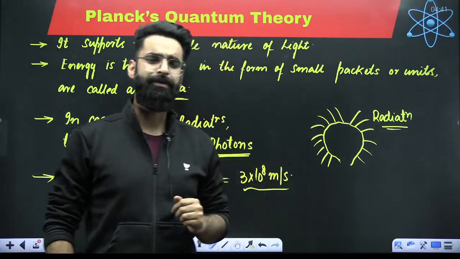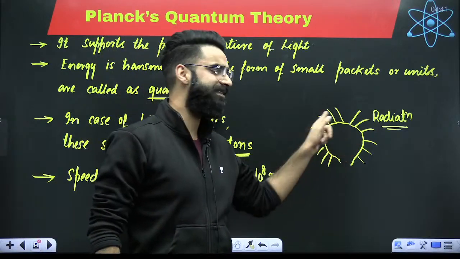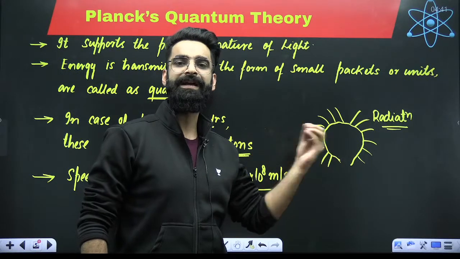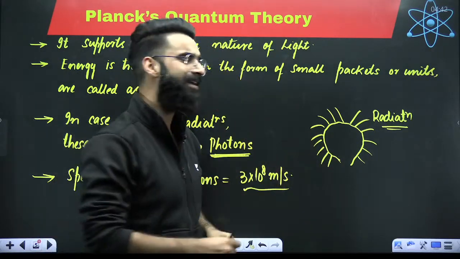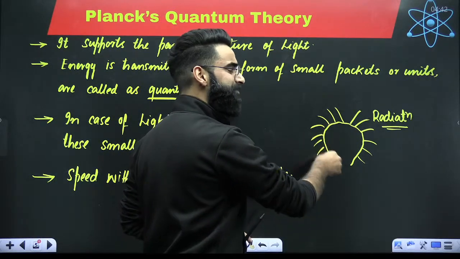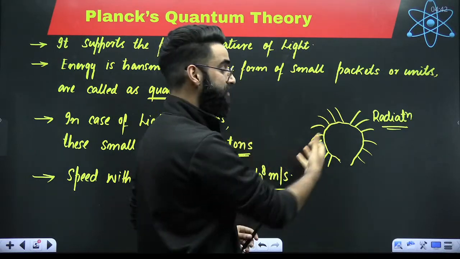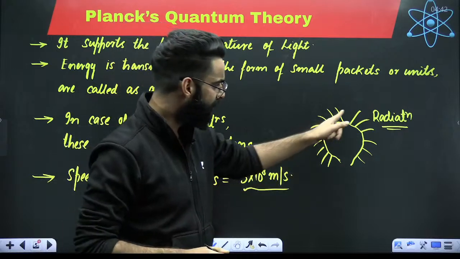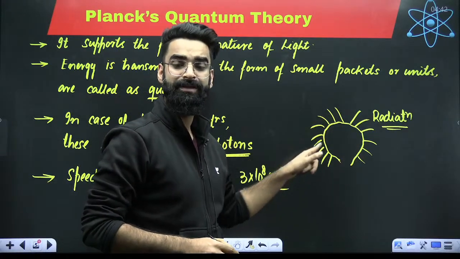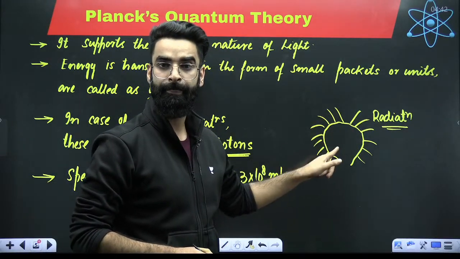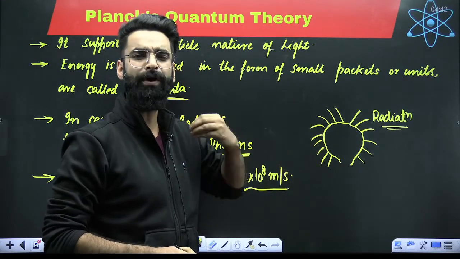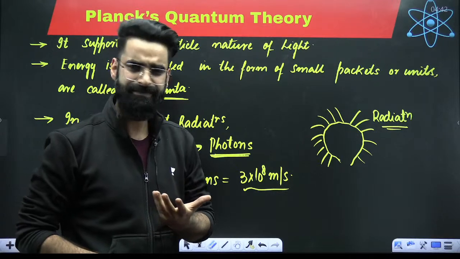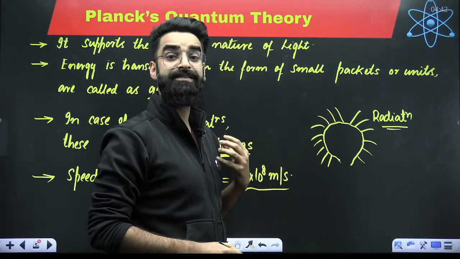Now, my dear students, try to understand. Imagine this is the source of light. It is emitting light radiations. I'm assuming that the light radiations which this source is emitting are incident on me.